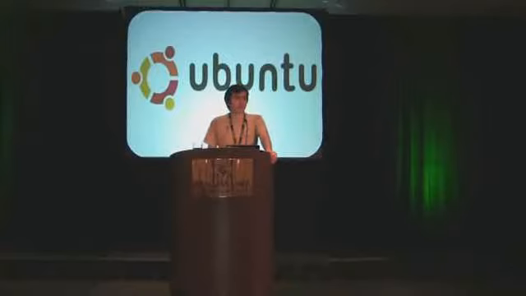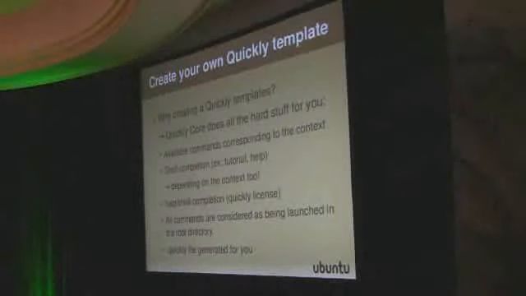But now you can maybe wonder why create a Quickly template. Why not just use a directory with all your scripts to create your whole project? Indeed, the main reason is that Quickly Core does all the hard stuff for you. So it will show available commands corresponding to the context, if you are inside a project or outside. It will remember that you are inside the Ubuntu project template, for example.